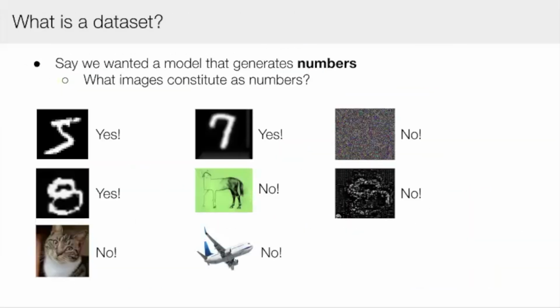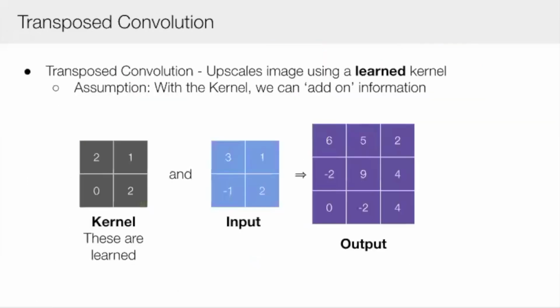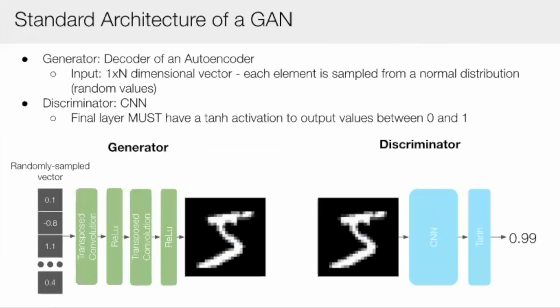Okay, yeah. Go for it. This might be a weird question, but could you go back to the slide where it's showing the model? Could you take that randomly sampled vector and make it mean something like a prompt, so that you can have it be really good at responding to prompts? I see where you're going with this. Sort of. You could bias these numbers towards a kind of prompt.